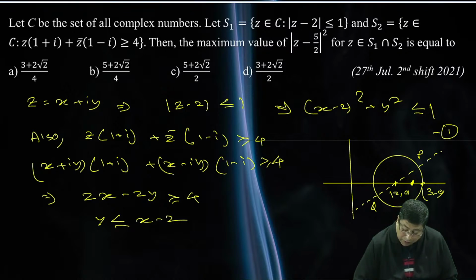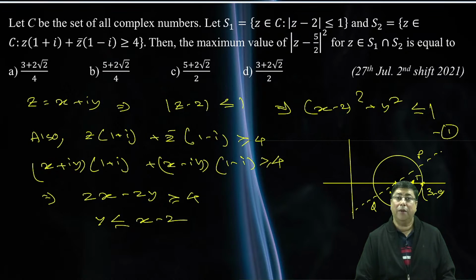So, this is the 5, 2. 5, 2 means the maximum distance, suppose this point is T. So, Q is that point, not P. Z represents Q, because of maximum distance. If it would have been the minimum distance, then it would be P. Okay? Exactly, we need the TQ distance.